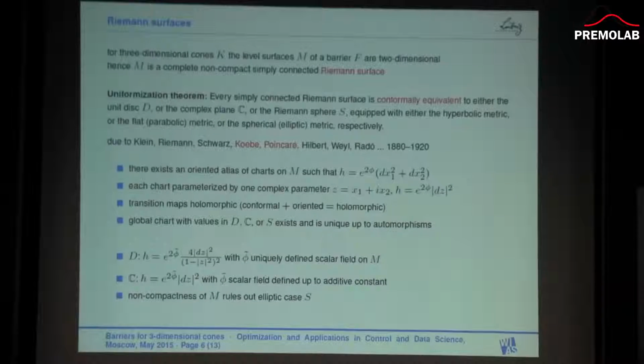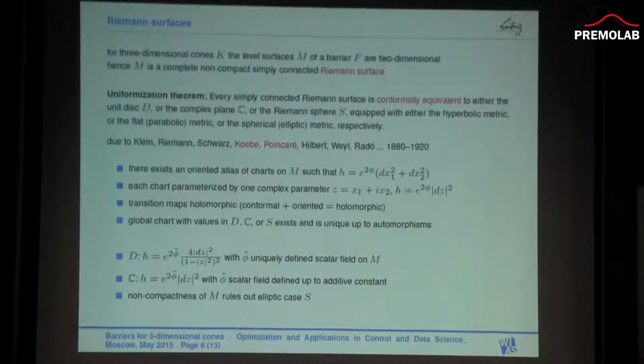So it can be written in this way. And then we can introduce a complex coordinate on this two-dimensional manifold, and the metric will look like this. And moreover, we can choose a global chart where this complex coordinate takes values either in the unit disk or in the complex plane or in the Riemann sphere.